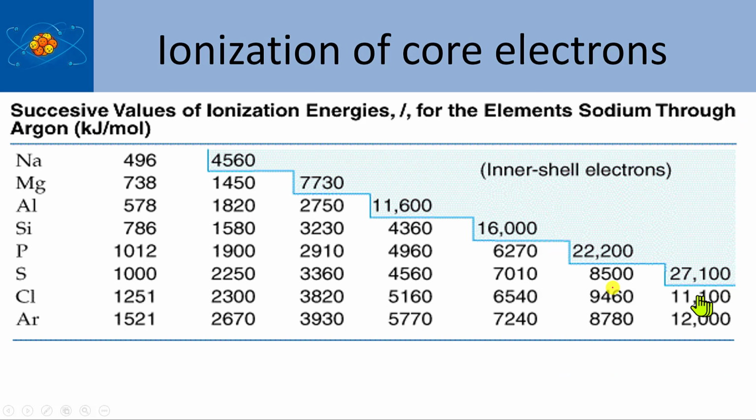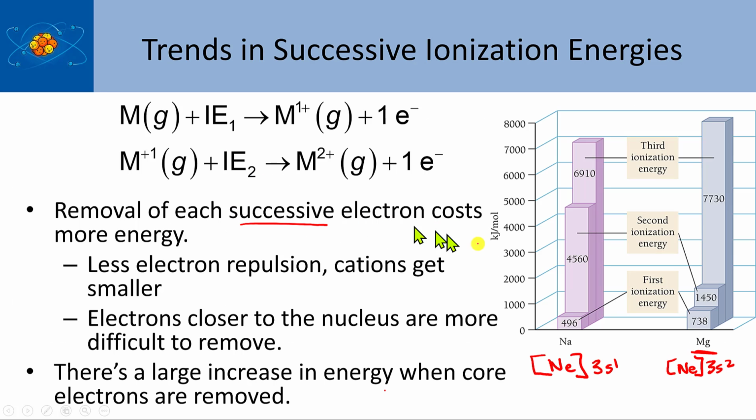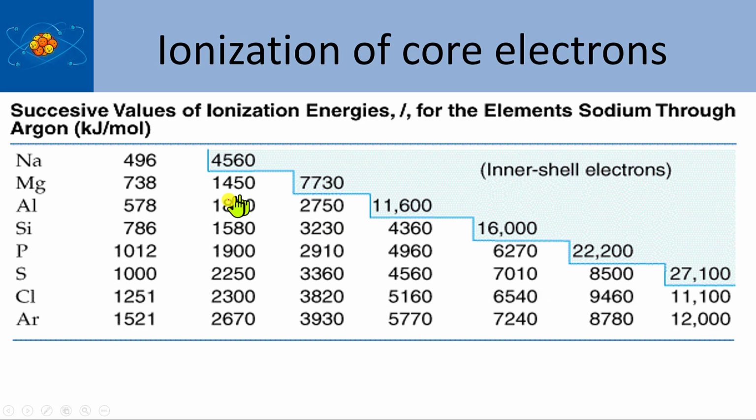So here's just a table. Successive ionization energies for elements sodium through argon. Again, this is the value we saw for sodium, or roughly similar anyways. And then this is magnesium. For aluminum, remember, aluminum has 3 valence electrons, so the next one's just out of the world here.